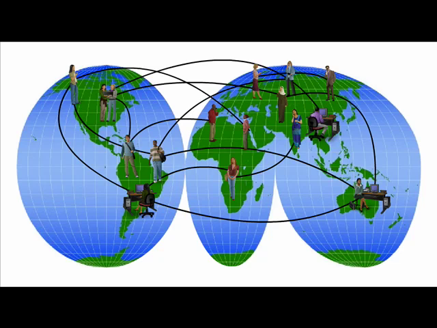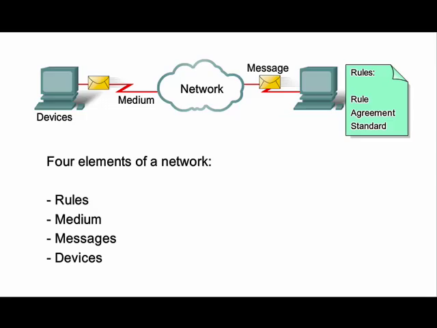They all have common rules that determine how messages are sent, directed, received, and interpreted. They all have messages or units of information that travel from one device to another, and they all have a way of interconnecting these devices. This diagram shows the basic elements of a typical network, including devices and mediums tied together by rules that work together to send messages.